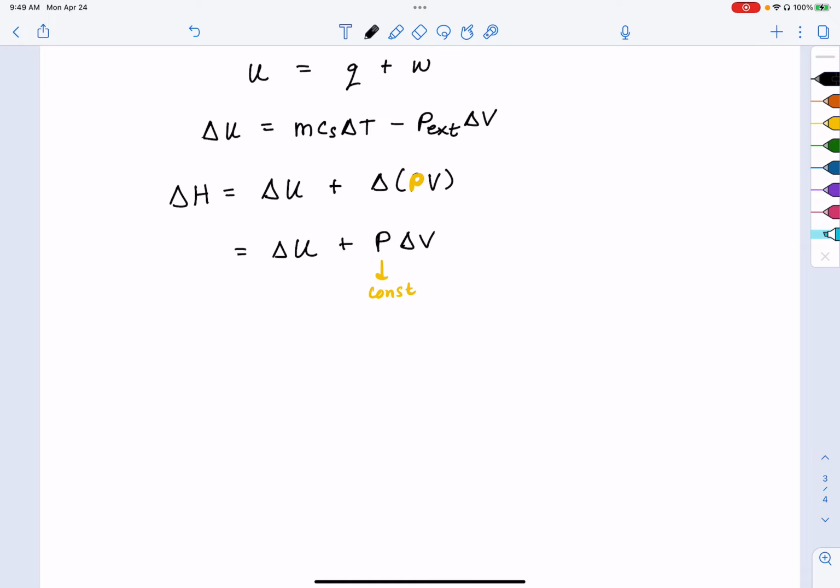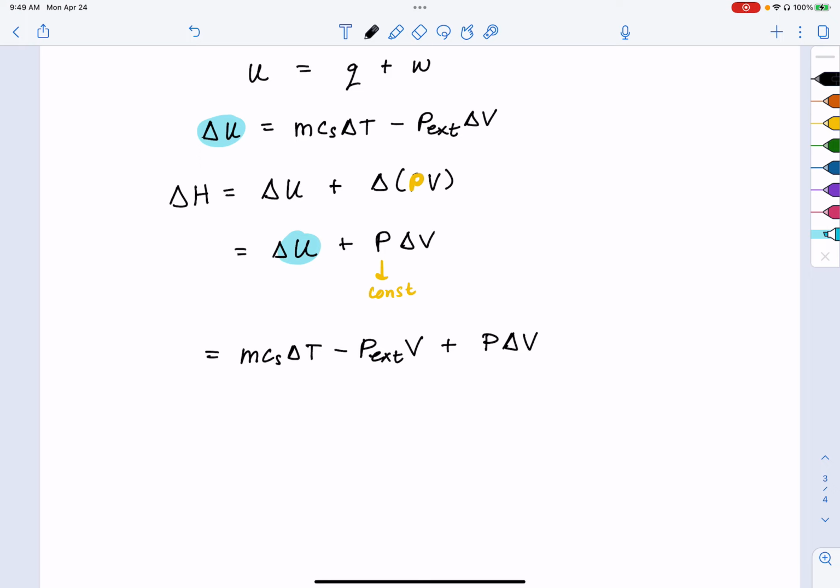And if I replace in what I know from my definition of total internal energy as being heat plus work, fully written out like this, then doing a substitution allows me to write that this is mcΔT minus pressure-volume work, because this is expressed in terms of the external pressure, plus now the PΔV term that came from our enthalpy.